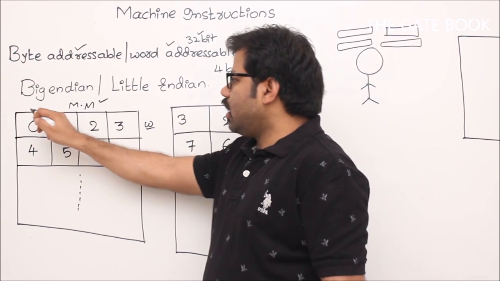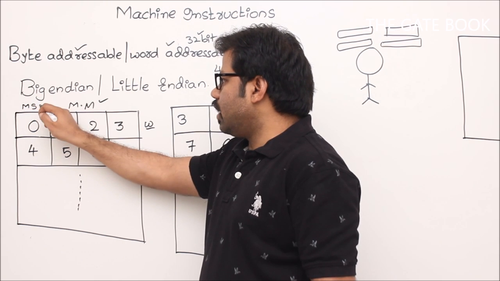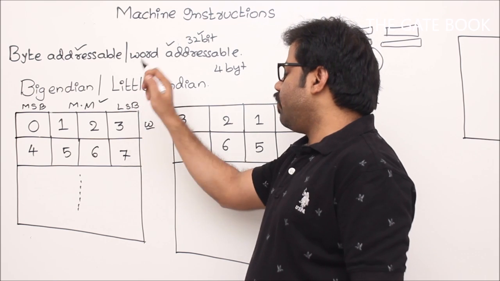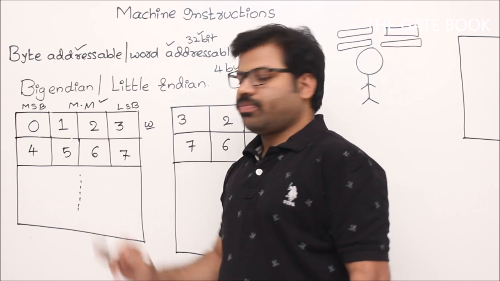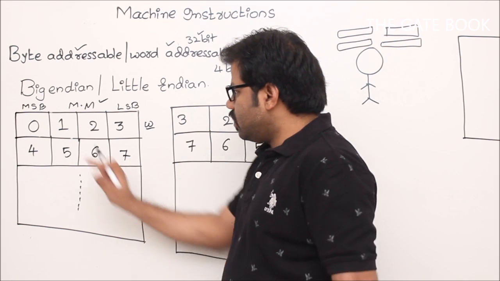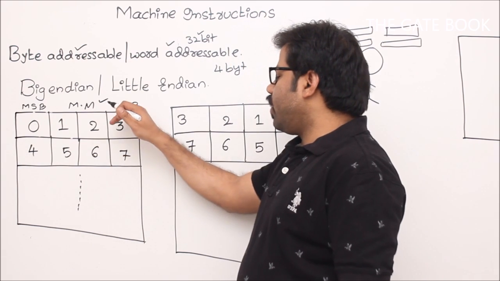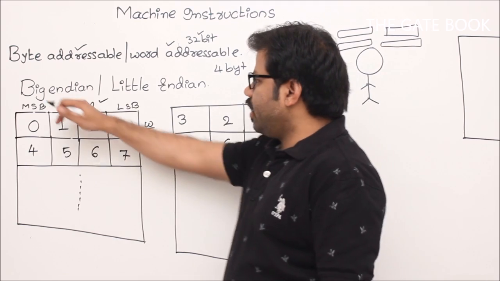So the most significant byte gets 0 and the least significant byte gets 3, the highest number. Then we say that is big endian.